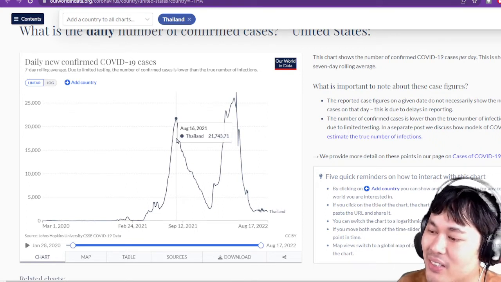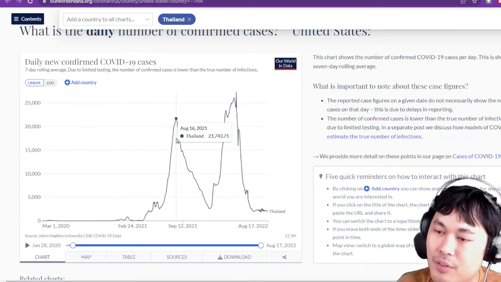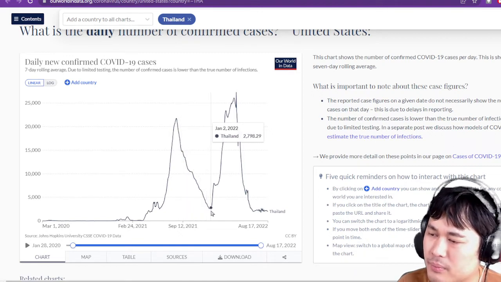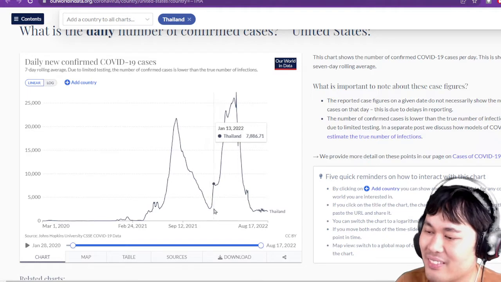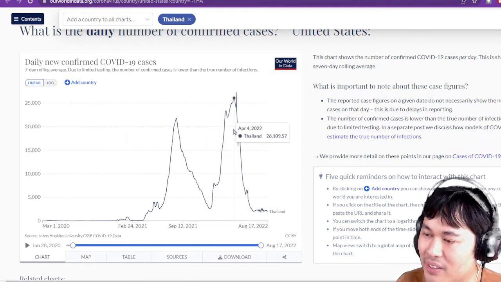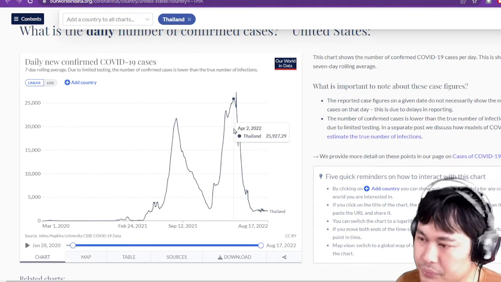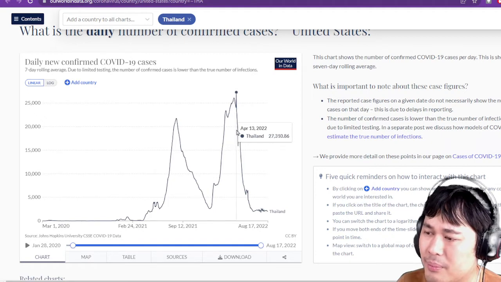Yeah, 21,000 cases of COVID. And then the drop because of lockdown, I guess. It bounced back when the country started accepting tourists and loosened some policies.